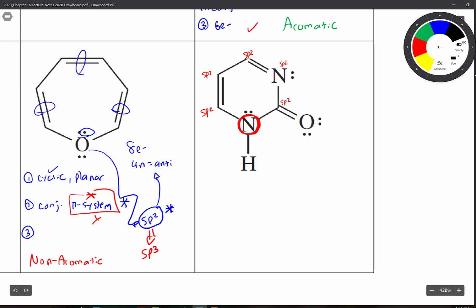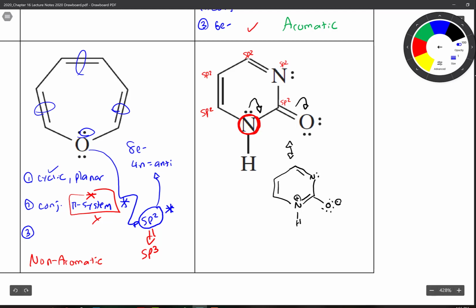So let's take a look at it. Let's assume that it is sp2. If that's the case, then we have resonance that would do this. So then our resonance structure of that would look like this, with our double bonds here staying in position, double bond here, H, and then an O with a minus charge and a plus charge right there.